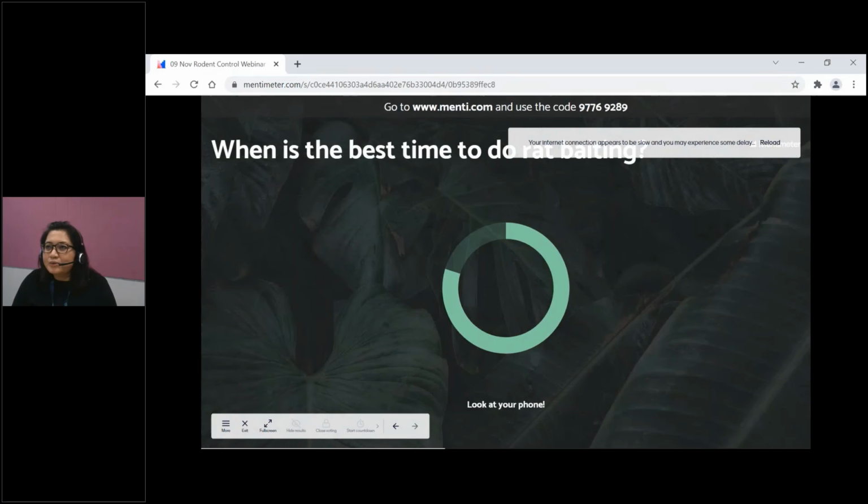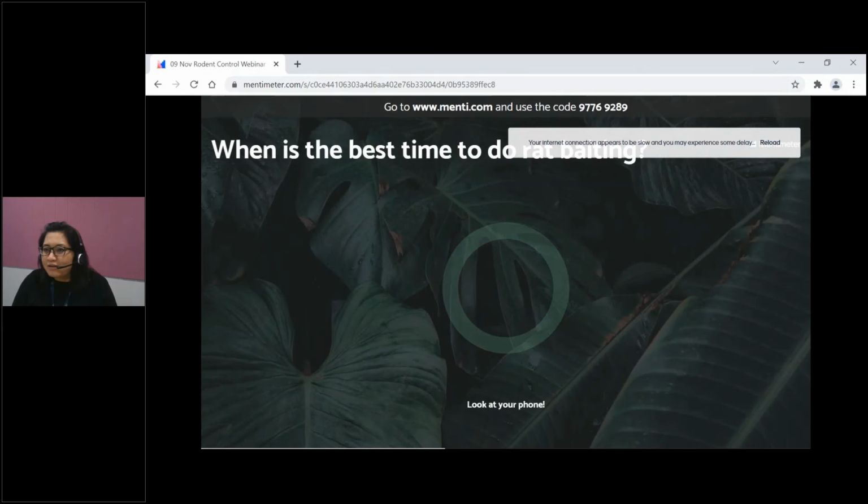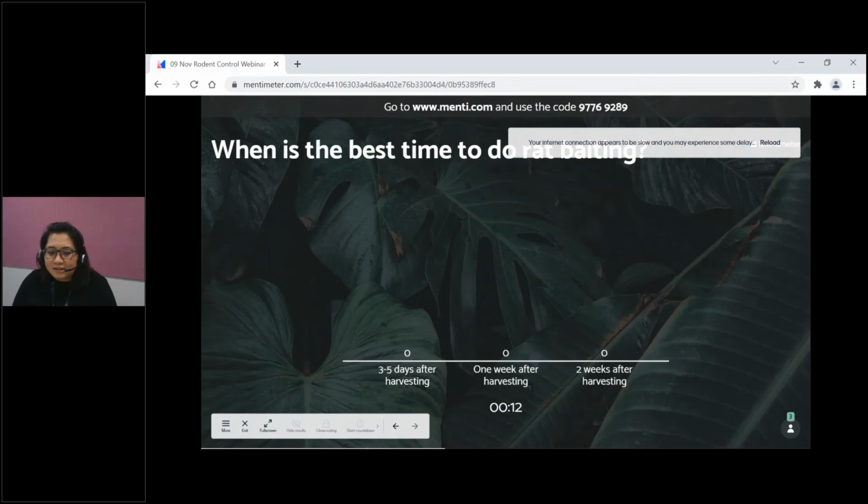What is the best time to do baiting? 3 to 5 days after harvesting, 1 week after harvesting, or 2 weeks after harvesting? Okay.